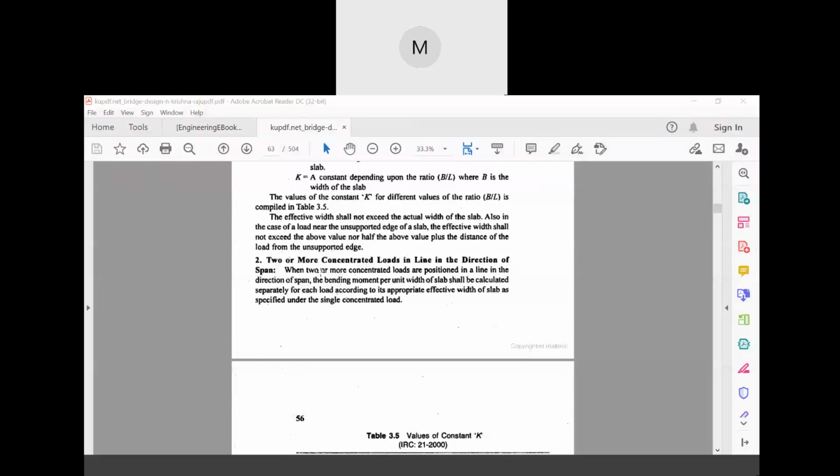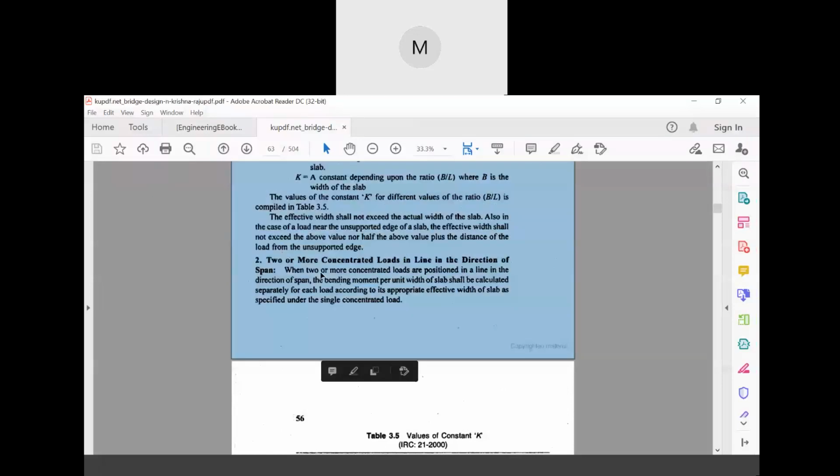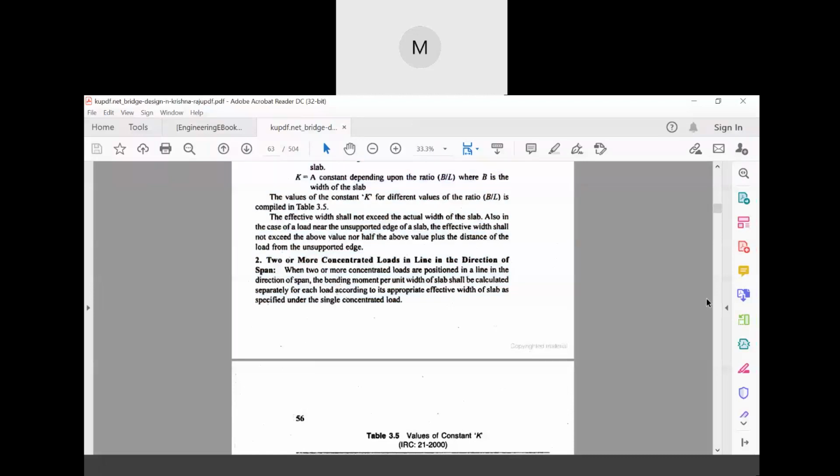When two or more concentrated loads are positioned in a line in the direction of the span, then the bending moment per unit width of the slab shall be calculated separately for each load according to its appropriate effective width of slab as specified under single concentrated load. That means the bending moment per unit width of the slab will be calculated separately for each load, so the bending moment calculation will be different for different loads.